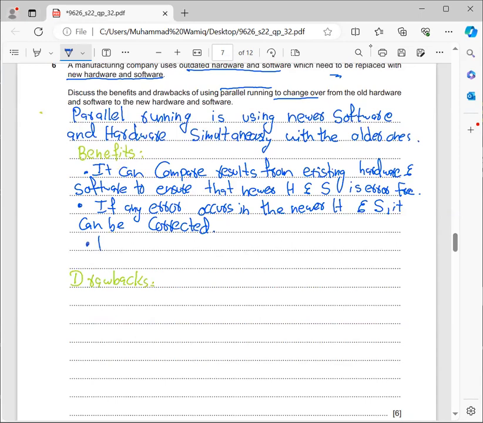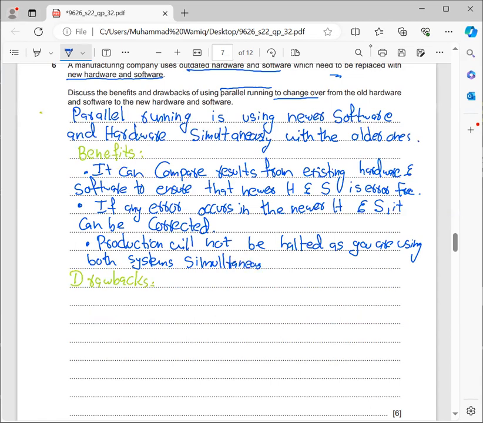The third point can be production will not be halted as you are using both systems simultaneously. Halted means it won't be stopped.